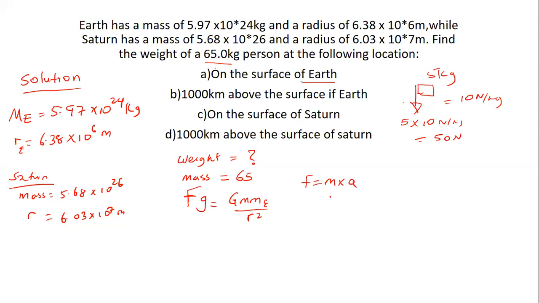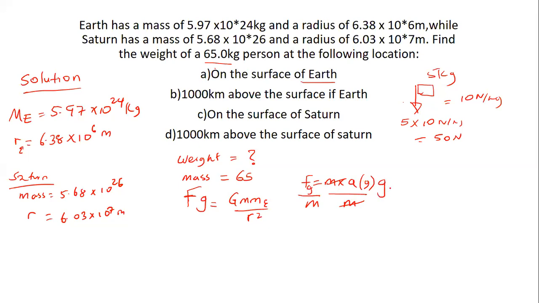And I already mentioned to you that the acceleration due to gravity is g, so you can use that as g. So if you want to find this g, you can say this divided by m, this divided by m. Is that understood?